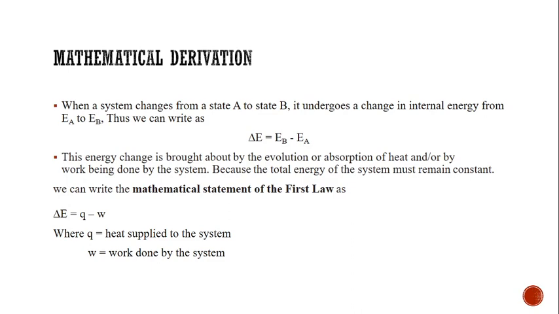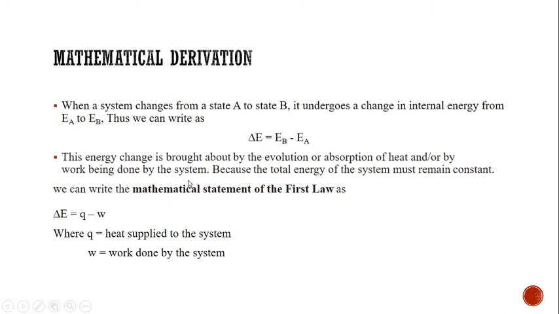So, after the statement, we need to derive the mathematical form of the first law. Suppose your system is changing from state A to state B, then its energy in state A must be E_A and energy in state B must be E_B. B is your final state and A is your initial state. So change in energy is expressed as delta E equals E_B minus E_A.